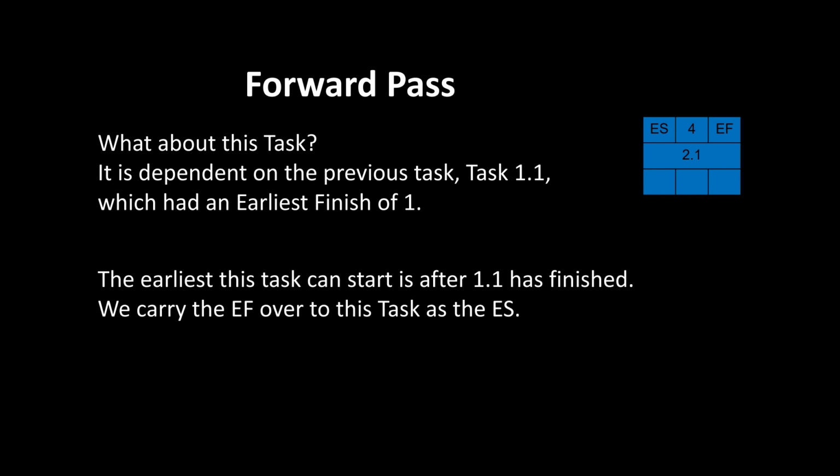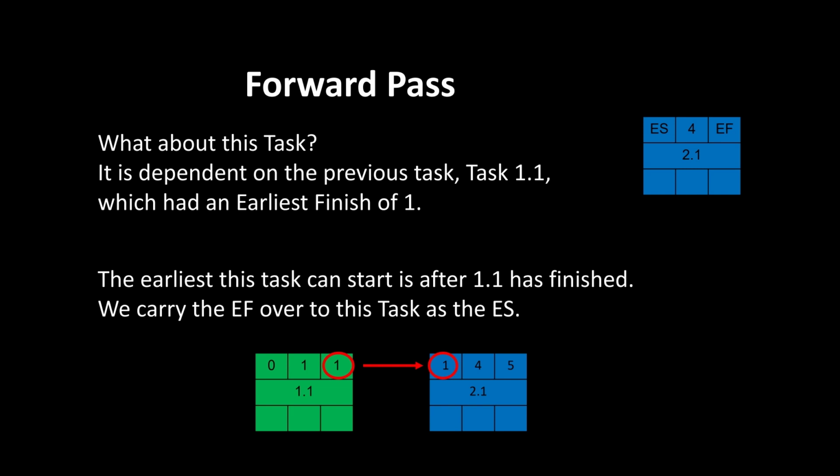So we can carry that 1 over to be the earliest we can start this one. It finishes after 1 day, so the earliest it can start is after 1 day. So we can just literally carry that 1 from one box to the next because they're directly linked. Because the blue one is dependent on the green one. So this is the process that we're going to use.